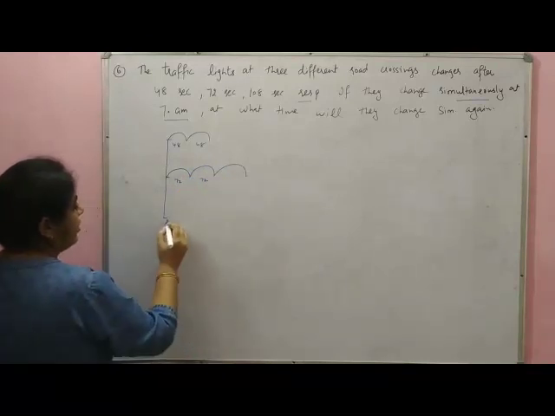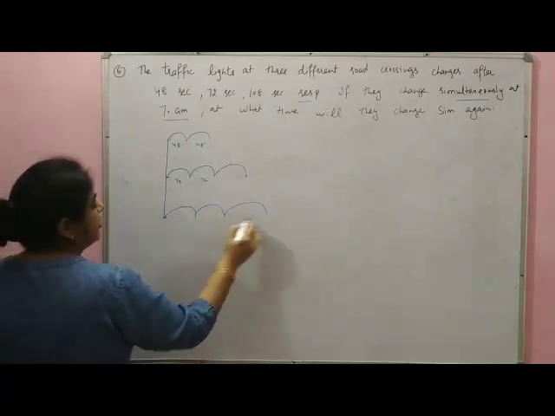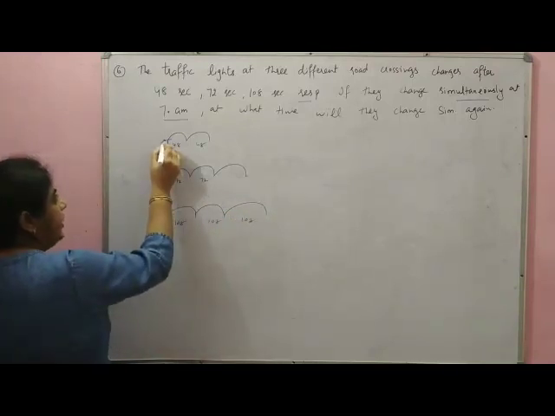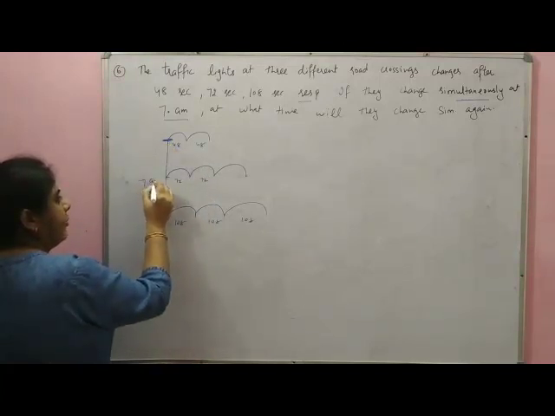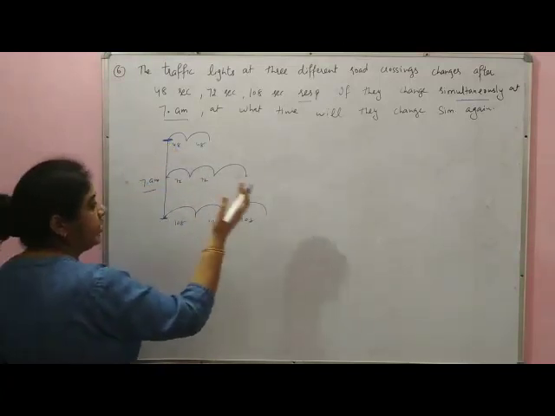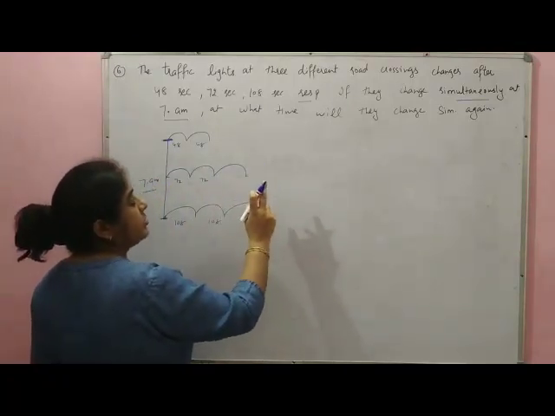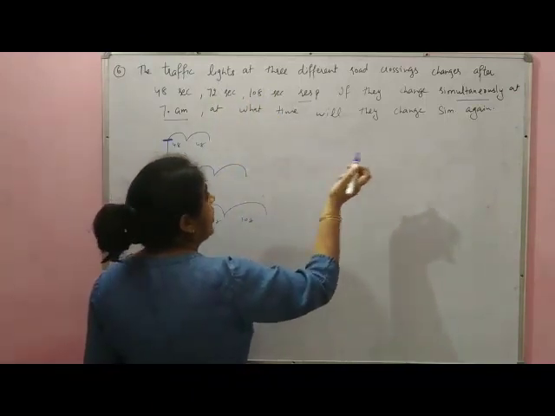The third changes after 108 seconds. If they change at the starting time, meaning at 7 a.m., then we have to find the minimum time when all these traffic lights will change together.